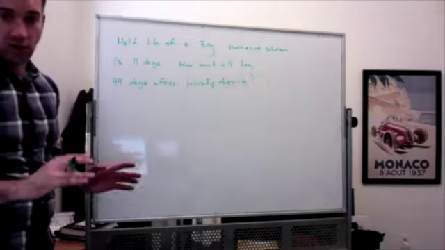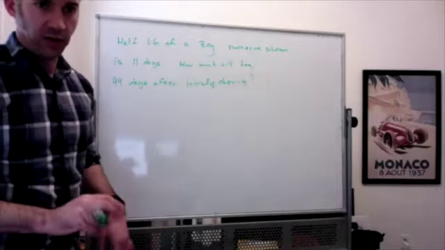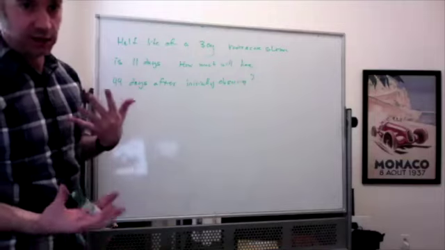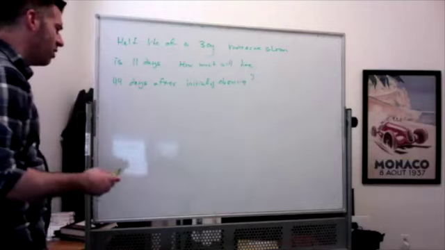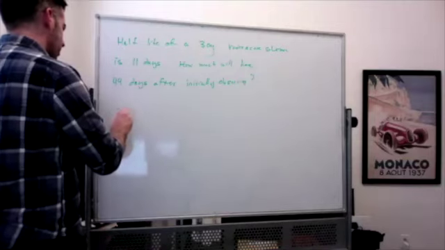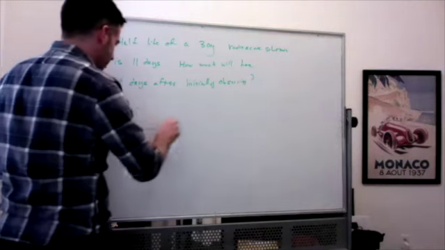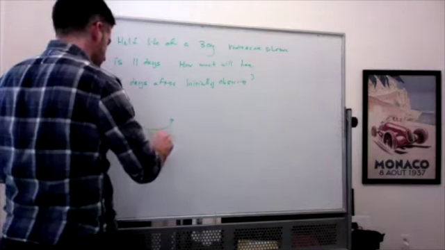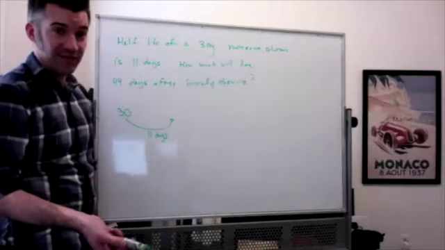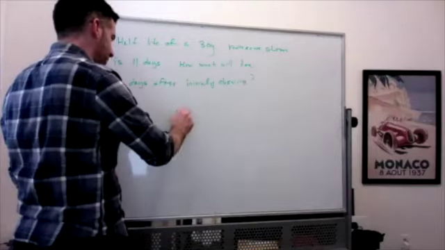Well, again, you could do the whole thing, which we're not going to do this time, where you find C, you find K, and all that jazz. But in this case, you can say, oh, well, look, I know that at the beginning, I have 30 grams. And then 11 days later, since the half-life is 11 days, I'm going to have 15 grams.